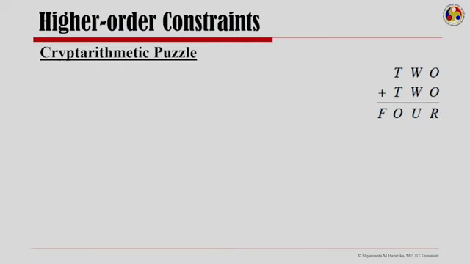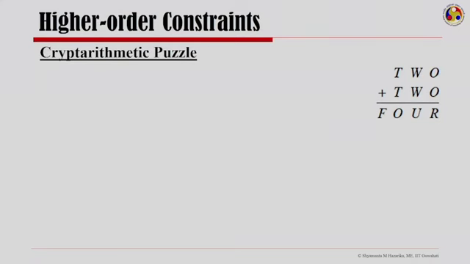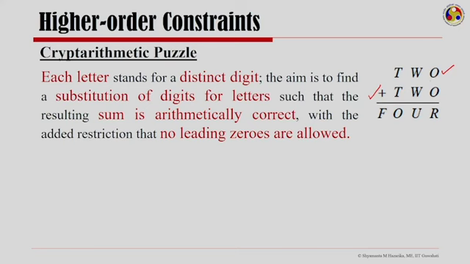While we are talking of higher order constraints, let us focus our attention on a very interesting crypto-arithmetic puzzle. Crypto-arithmetic puzzles are puzzles where you write things in letters and operate using mathematical operators and expect that each letter stands for a distinct digit.